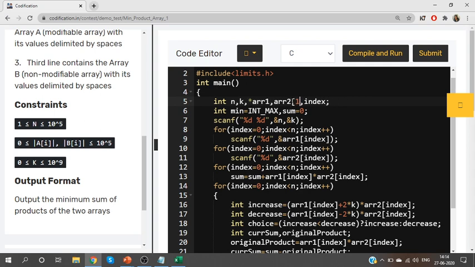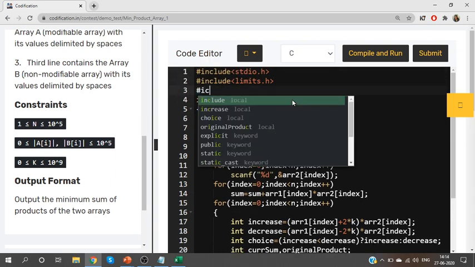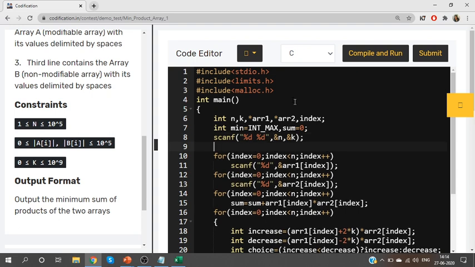To use dynamic declaration, we will need the header file malloc.h. With that, array1 is equal to int star malloc, size of int into the number of elements.